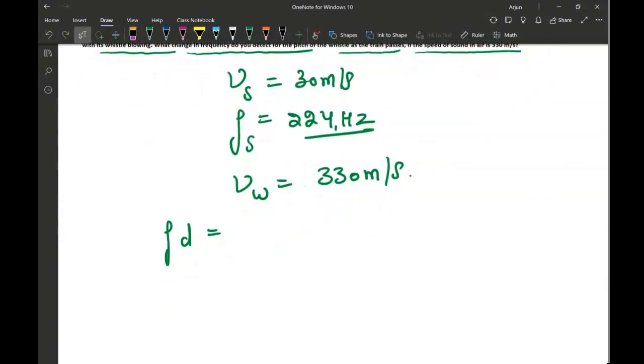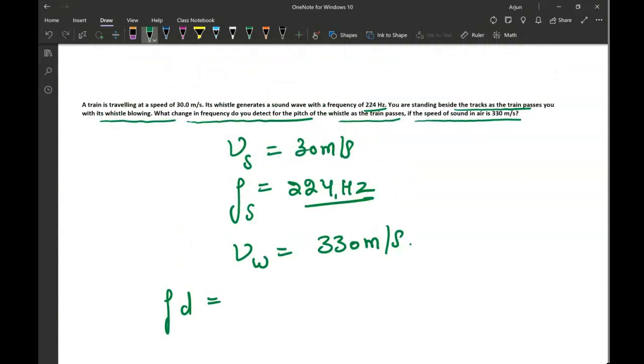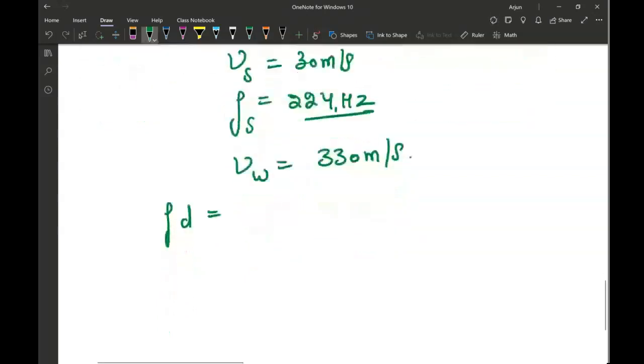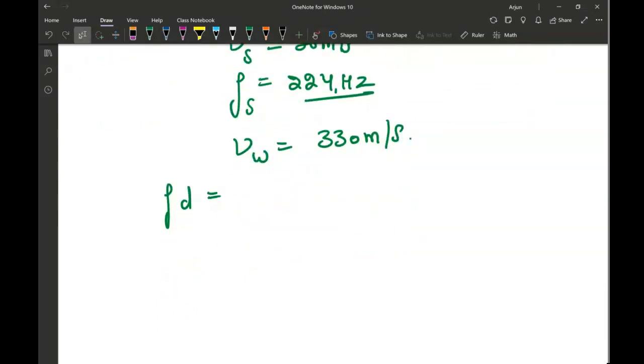All right, so it wants us to find the change in frequency. You detect the pitch of the whistle change in frequency, that's what it wants us to find. So change in frequency means once we will find it when the vehicle is approaching towards us, and another time when it is leaving from us. So first of all, I will write down the formula when the vehicle is approaching towards us. That will be Vw upon Vw minus Vs times Fs.